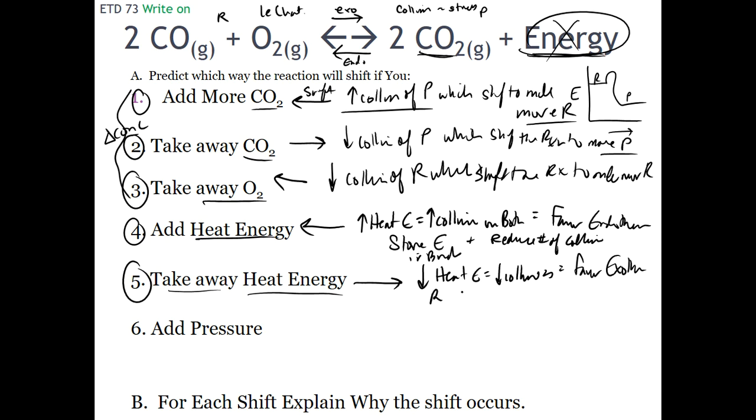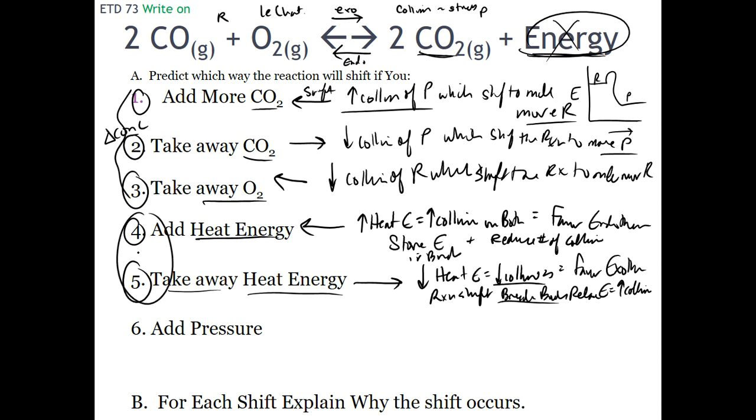This reaction is shifting because I'm going to break bonds to release energy. I reduced the number of collisions because I chilled it down, so it's going to break bonds to release energy to increase the number of collisions back up and keep the number of collisions at equilibrium. Hey, that's why we call it equilibrium. It's about balancing out the number of collisions.